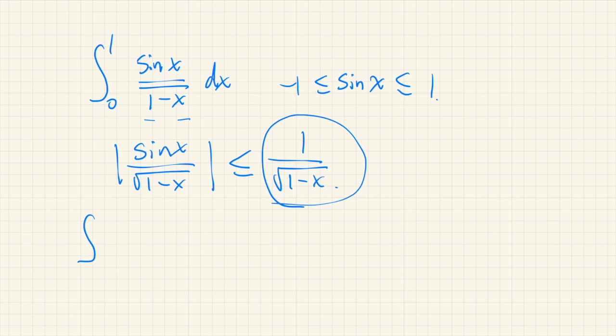So let's integrate it from 0 to 1, 1 over the square root of 1 minus x. In a previous example, we actually calculated this, and the result is 2.